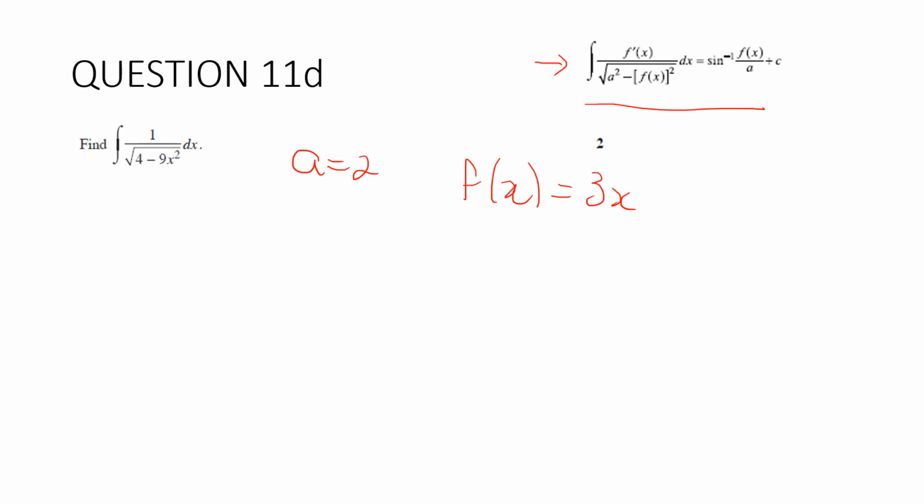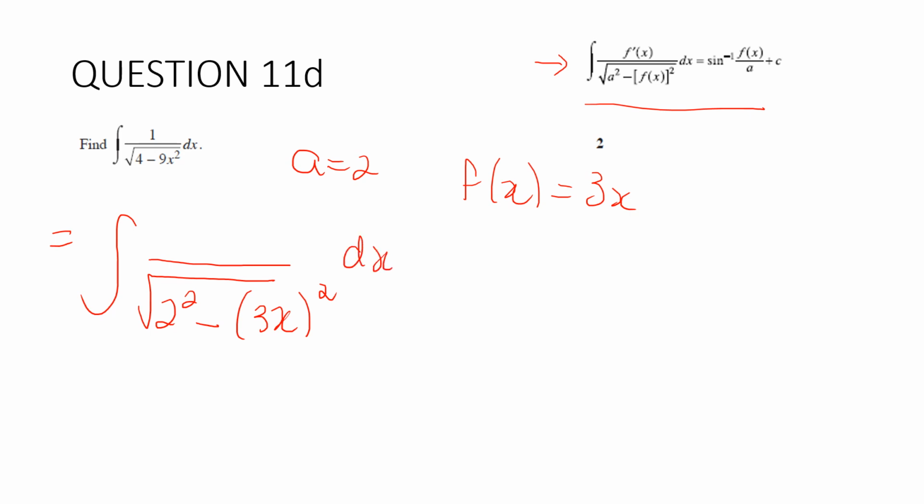So it's going to be equal to the integral, I'm just going to leave the top alone for the moment. We've got the square root of 2 squared take away 3x all squared dx. Now what I want up top is the derivative of f of x, so I want a 3 up the top.